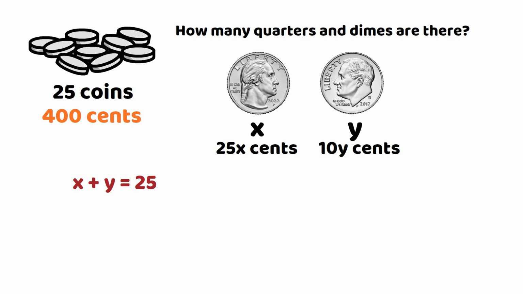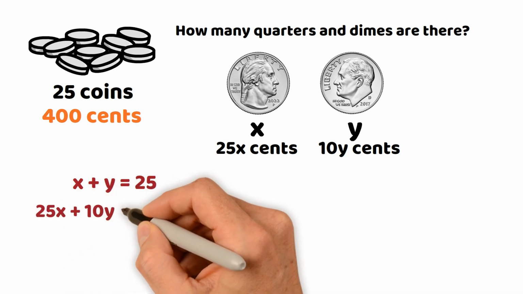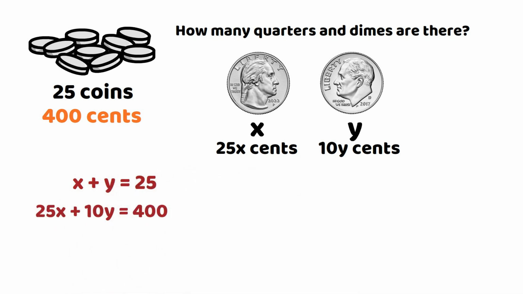The total amount of money is 400 cents. Thus, we can establish a second algebraic equation of 25x plus 10y equals 400. So we have two linear equations, x plus y equals 25, and 25x plus 10y equals 400.